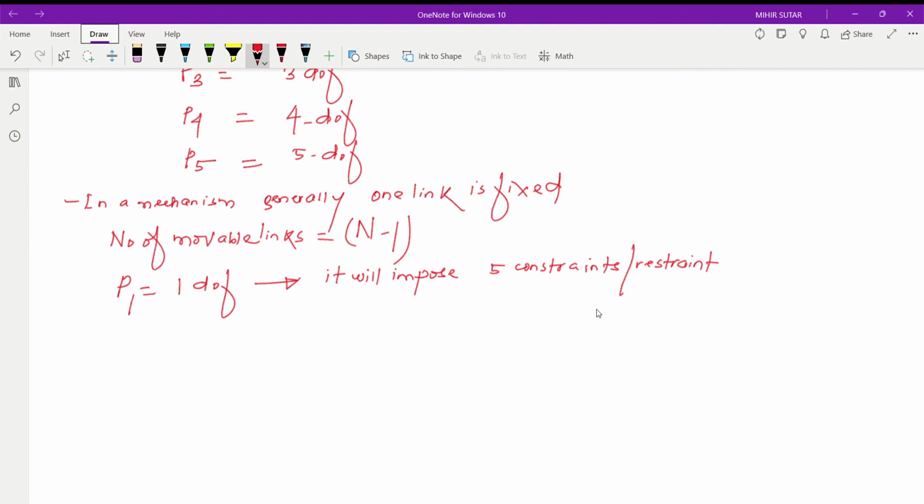Similarly, P2 having 2 degrees of freedom will impose 4 constraints. P3, having 3 degrees of freedom, will impose 3 constraints.